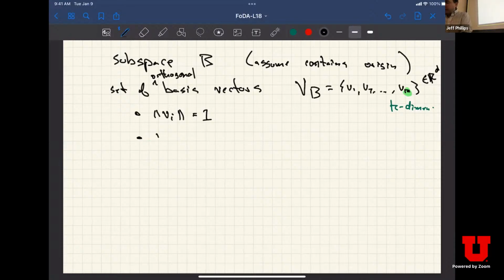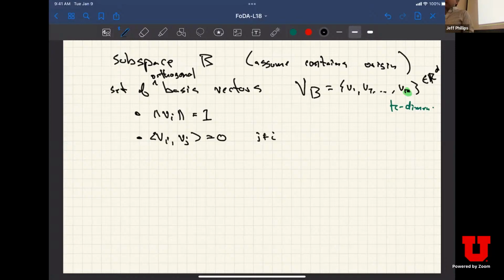And then for all VI, VJ, the dot product is going to be equal to 0 for I not equal to J. So they're all going to be orthogonal with each other, and the norm is always going to be 1. So I'm going to have these two properties for my orthogonal basis. Remember, we reviewed this in the linear algebra section. So our orthogonal basis.